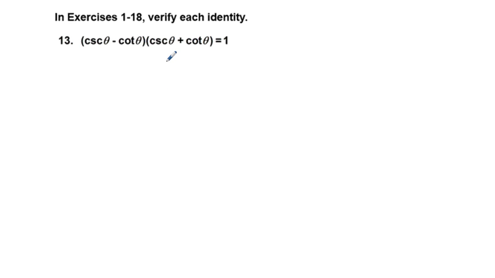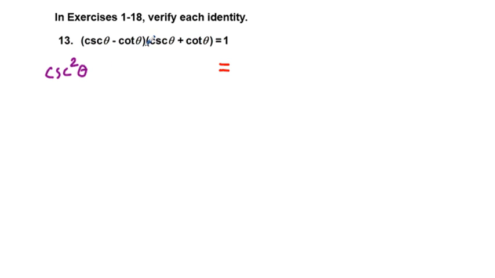So to do this one, we're going to just multiply these through. Let's work these out. We're going to take cosecant theta times cosecant theta, which is going to be equal to cosecant squared theta.